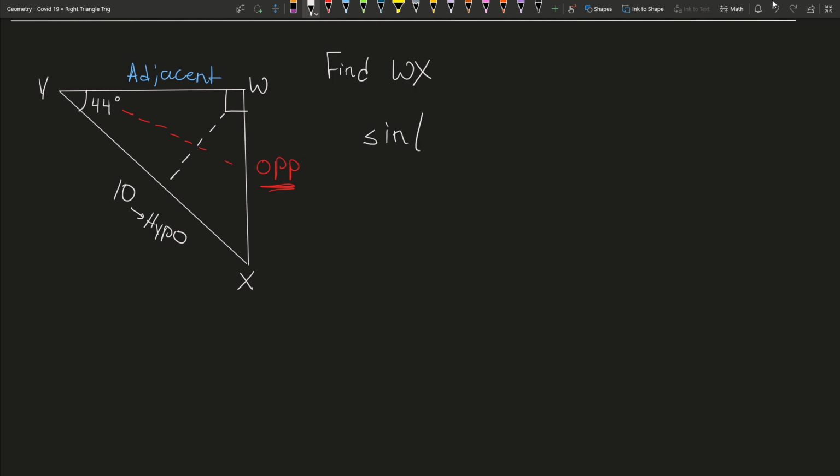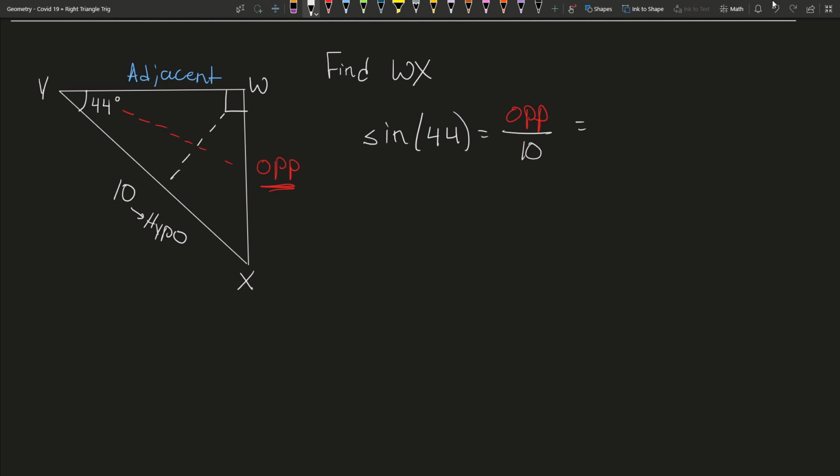So when we set up our equation, we do sine of our angle, in this case 44, is equal to the opposite over the hypotenuse. And the hypotenuse in this case is just 10. Okay, so I'm going to do this slightly different, and this is just the way that I like to do it.